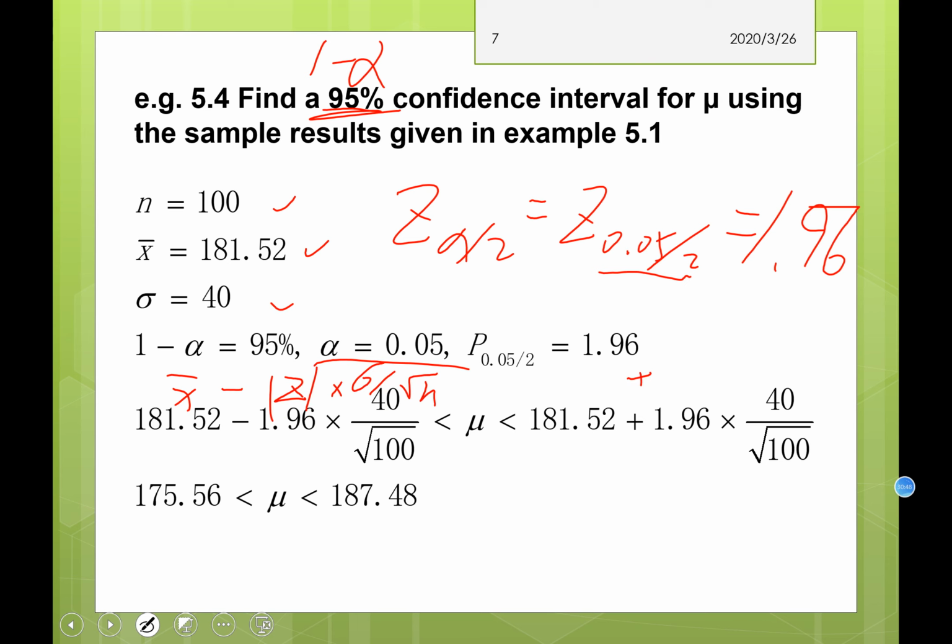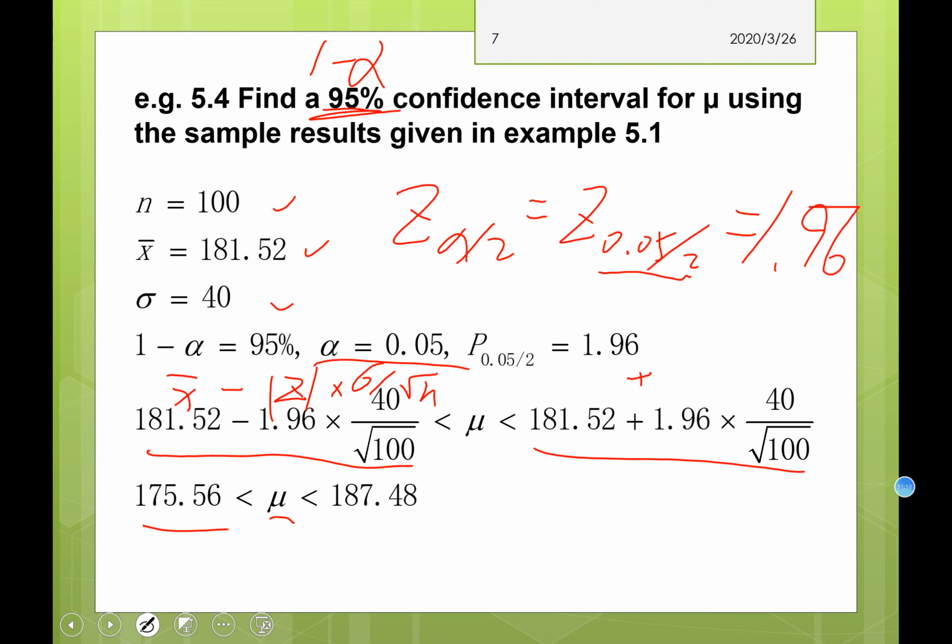Yes, so here we already know all the numbers which should be used in the formula, and we just put all the numbers into the formula. And we can find the range is between 175.56 and 187.48.